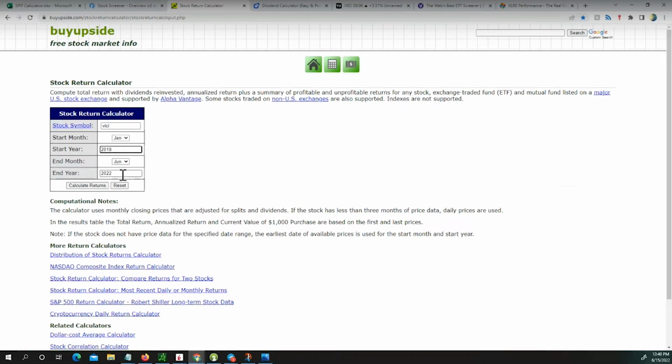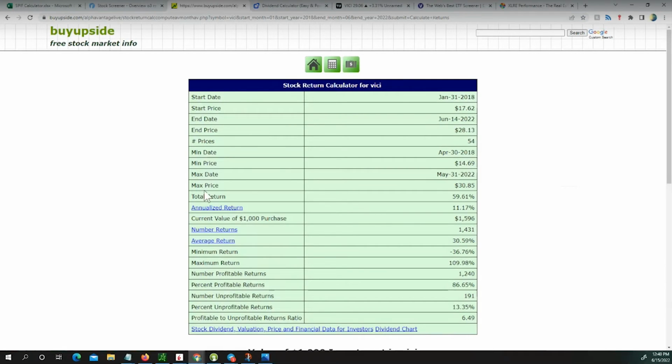Okay, let's see. Here we have an annualized return of around 11%, total return of 59%, average return of 30%, and if you had invested $1,000 into this, by now you'd have $1,500, and that's just growth of the company.